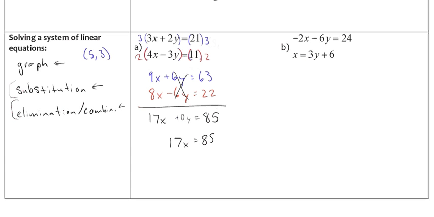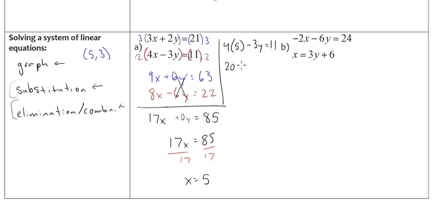We'll divide both sides by 17, and we get that x is equal to 5. Once we're here, we come back up to the original equations, either one of them, and we're going to plug in x. And so 4 times 5, that's my x value that we just got, minus 3y equals 11.